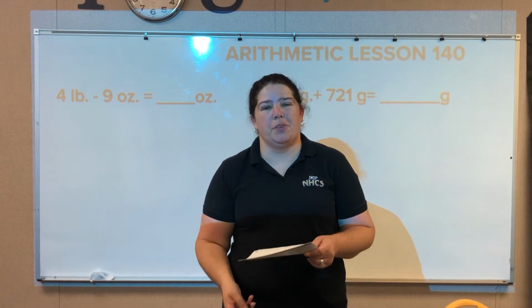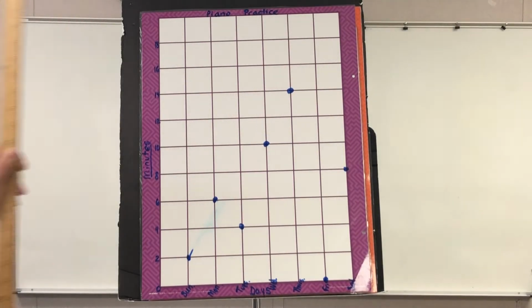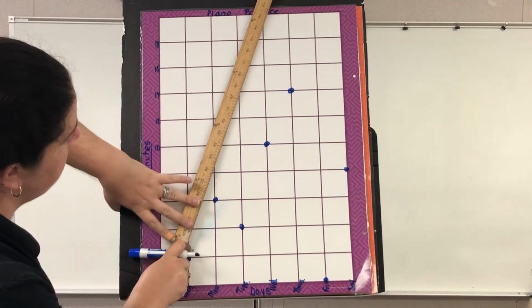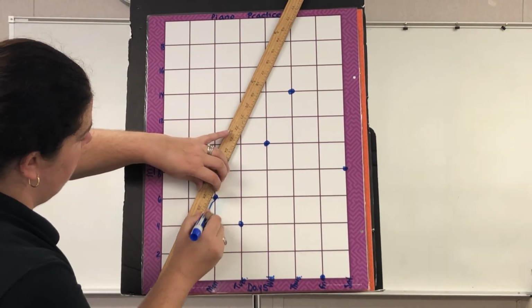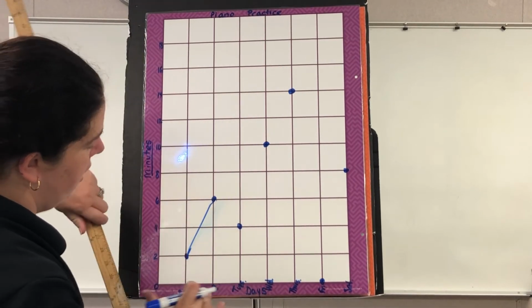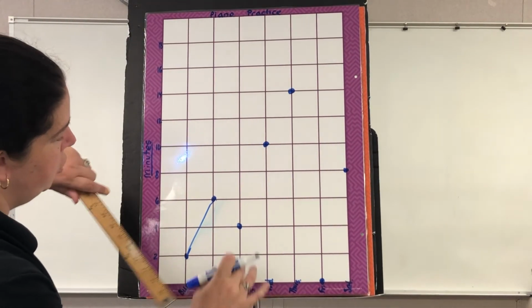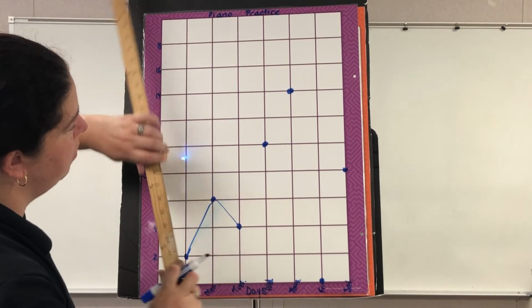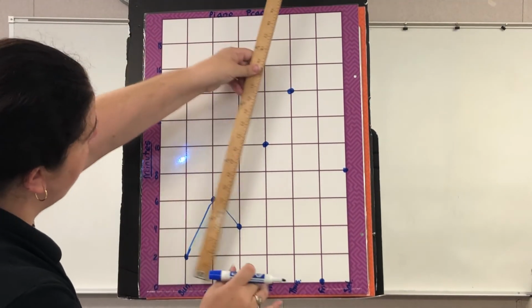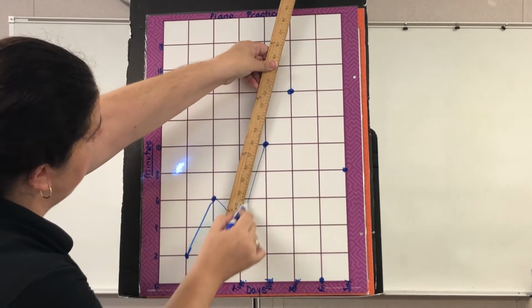Let's start with a quick review. I want you to use your ruler and go ahead and connect the dots, making sure that you don't miss any of the entries. So you're going to connect those dots from Sunday to Monday, and Monday to Tuesday is from here to here. Again, using your ruler will definitely be helpful. On Wednesday, over here.